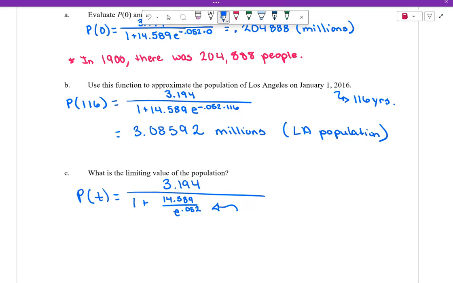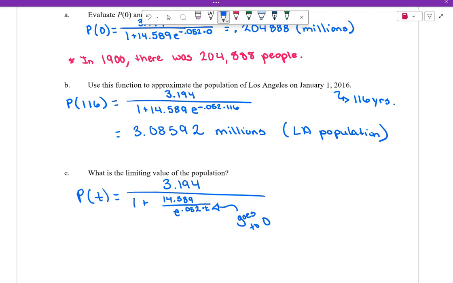So we have this fraction. We have 14.589 being divided by, oops, I left my t off. You guys were probably screaming at me. As I plug in the values for t, as we go higher and higher, this value right here goes to 0.